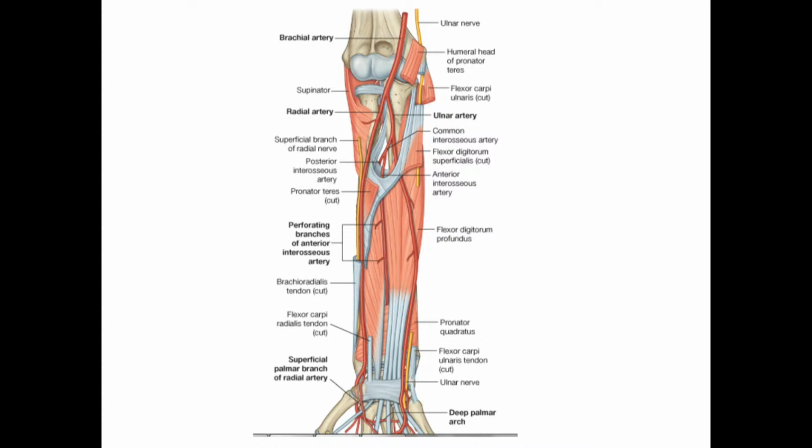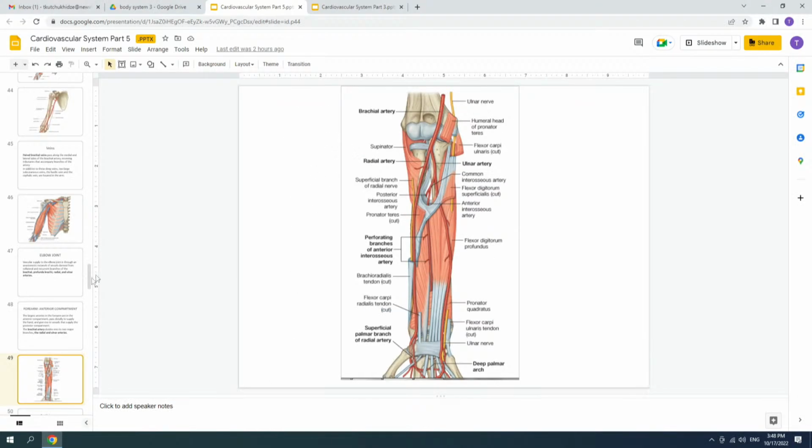So let's see them on this photo. First one, we have the radial recurrent artery, right? So this is our radial artery, and then we have here, it's not mentioned, but let me see in another photo.